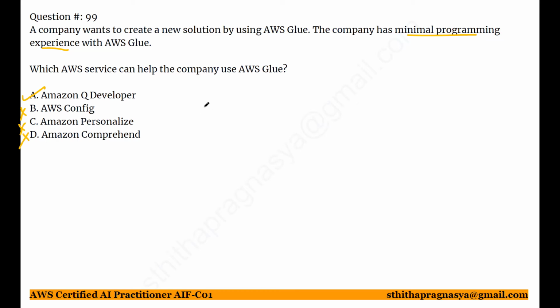And Personalize is a machine learning service for building personalized recommendations, and it does not provide tools or guidance for using Glue. It is unrelated to the company's goal of creating a solution with Glue. And Comprehend is an NLP service used for extracting insights and sentiment analysis from text. It does not provide tools or guidance specific to using Glue as well. So what is the answer? Q developer.